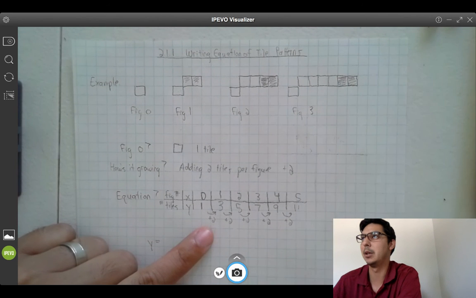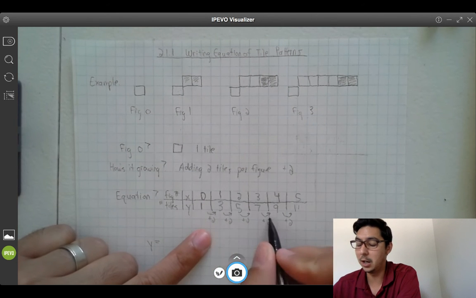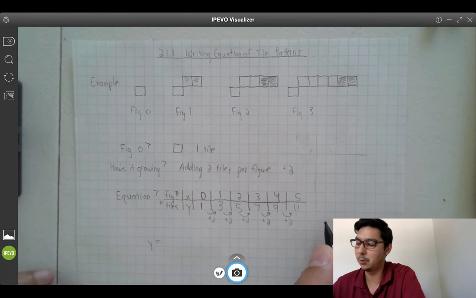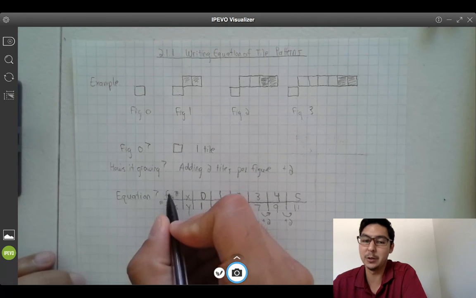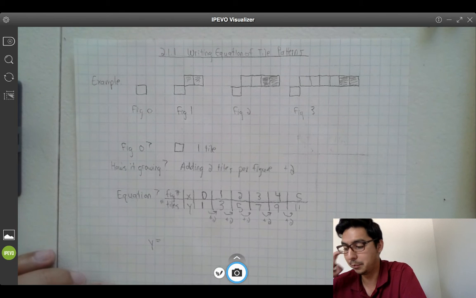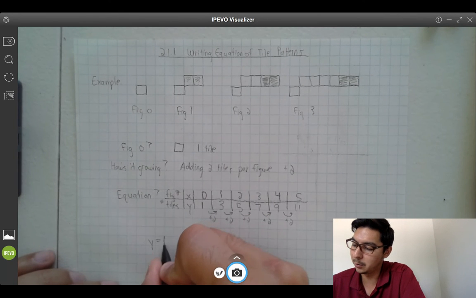If I was to say how many tiles are in figure 100, well, you would add 2 100 times, right? So you're adding 2, however many times the figure number is. But we always started at 1. So the equation is going to be 1 plus 2x.